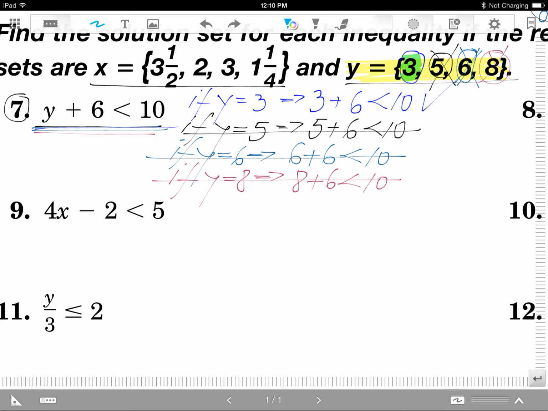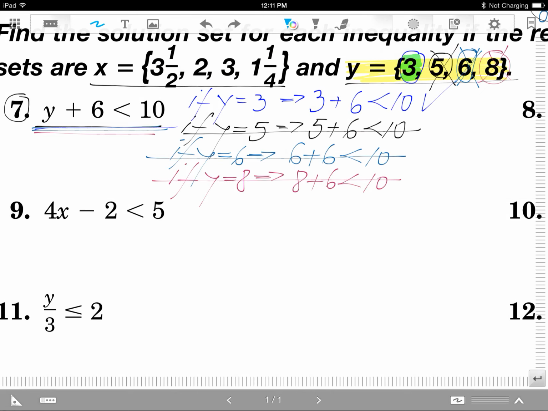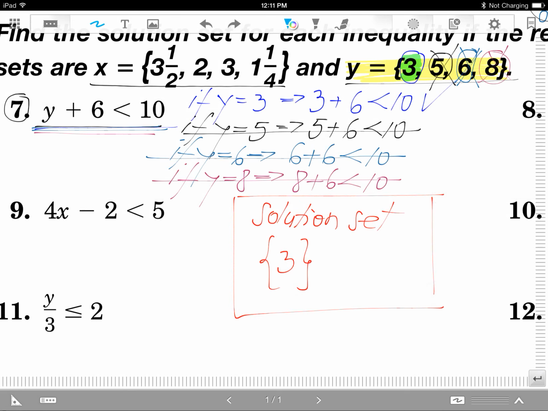Your solution set will be the set formed by only one element, 3. And this is the answer to this problem. Make sense? Let's do one more.